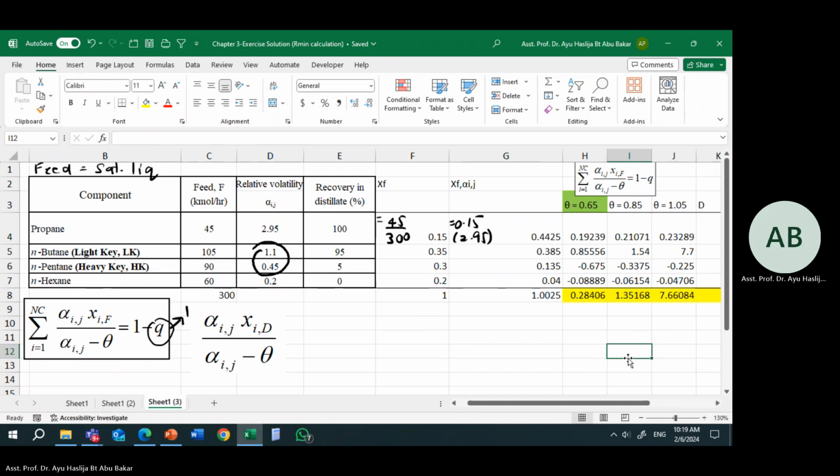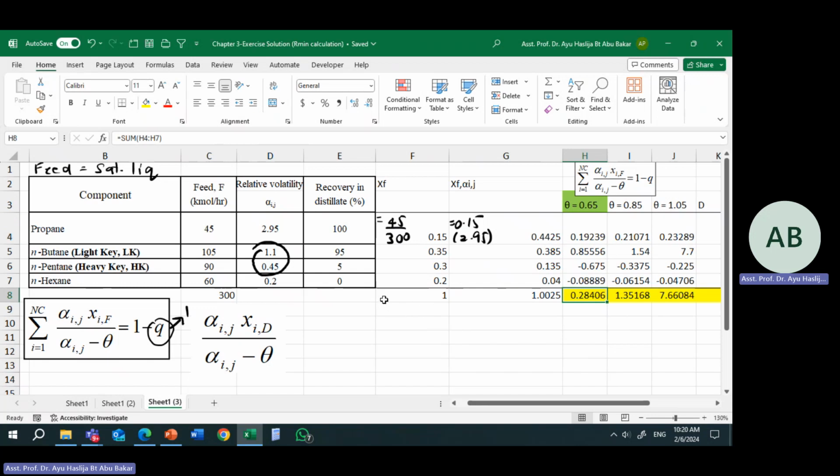Now from these three, we take the one that is closer to 0, which is this one. Even though it is not that close, from these three selections take the closer one, because you don't have time to try many values.